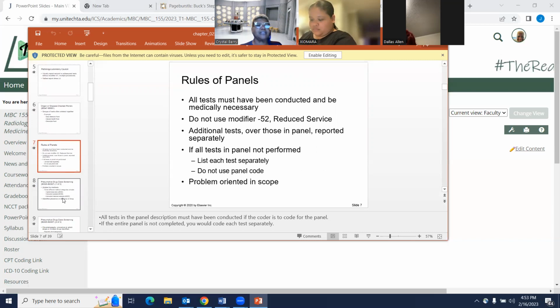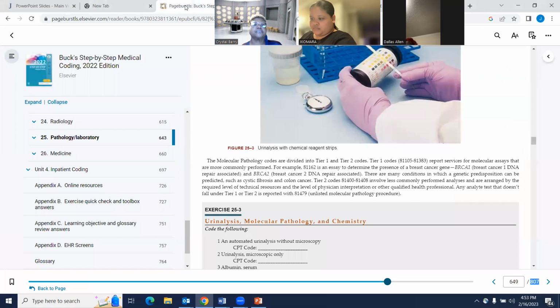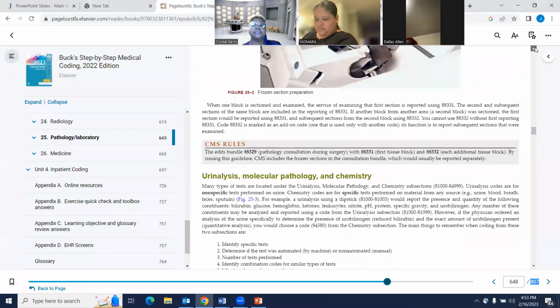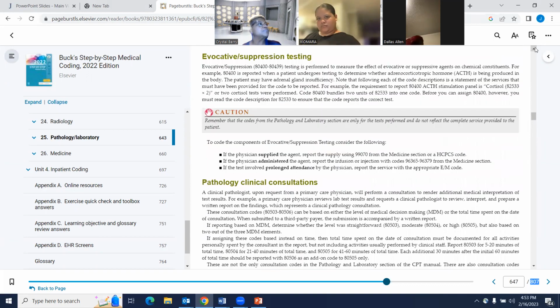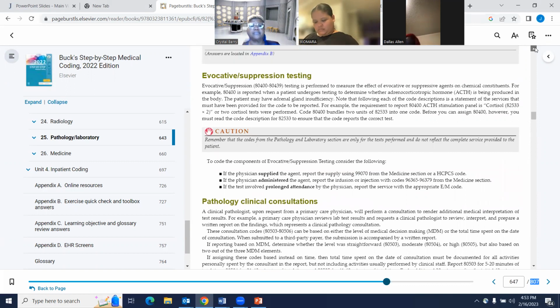I don't hear anybody saying anything. What type of drug test measures the presence of a drug in the specimen? Qualitative, I think. Which one are you saying, Dallas? Qualitative. That's correct.